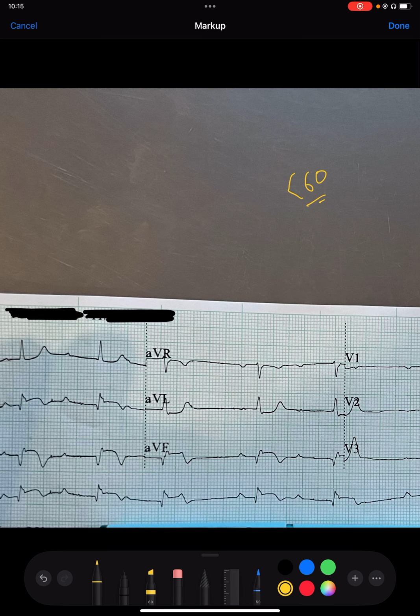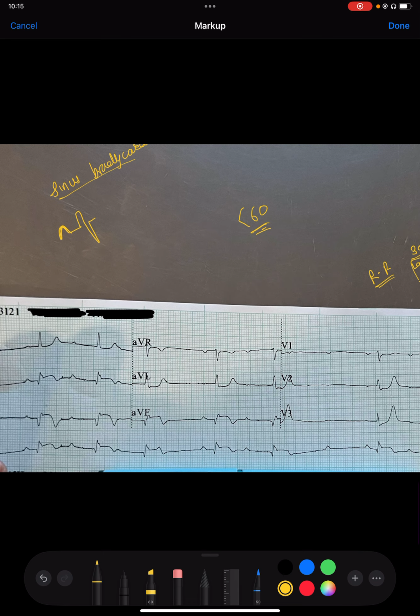Whenever it is less than 60, it has to be sinus bradycardia. Now the most important thing to call it sinus bradycardia is that each and every P wave must be followed by a QRS complex. So if the heart rate is less than 60 and each and every P is followed by QRS, we call it sinus bradycardia.